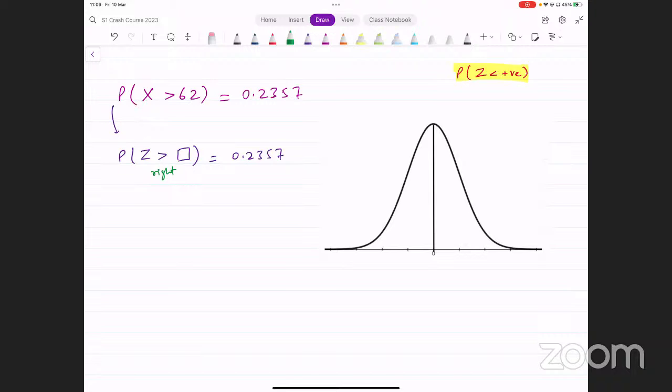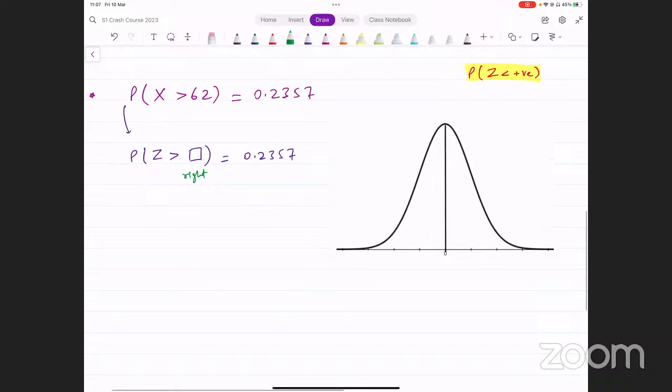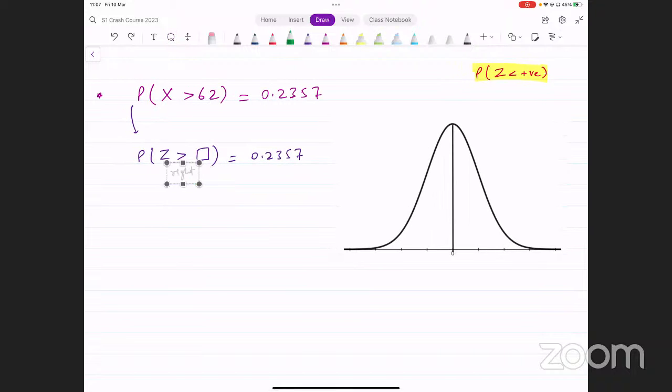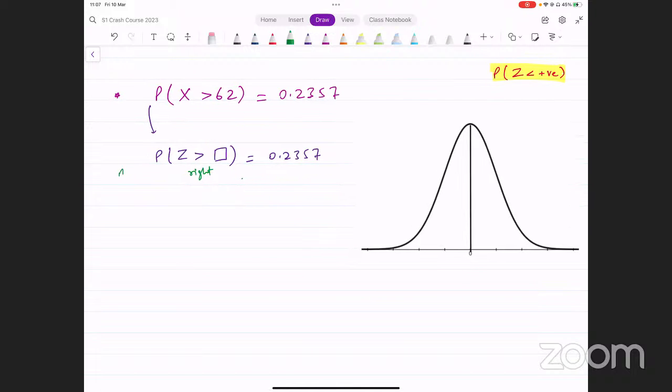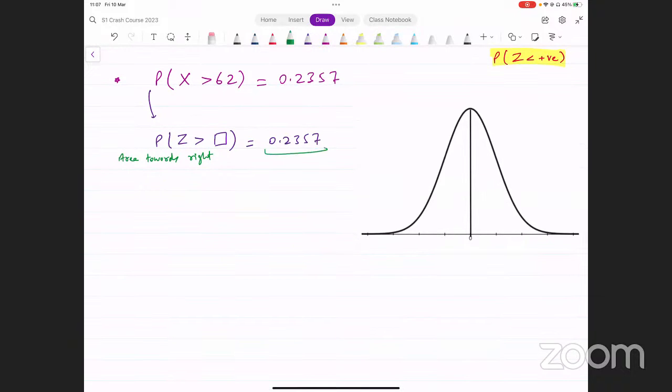So if you want, you can write that here: this stands for right, area towards the right of this value. How much is that? If you compare it with 0.5, is it less than 0.5 or greater than 0.5? It's less than 0.5. So this is a smaller area. What we have here is that the area to the right of Z should be smaller than 0.5.